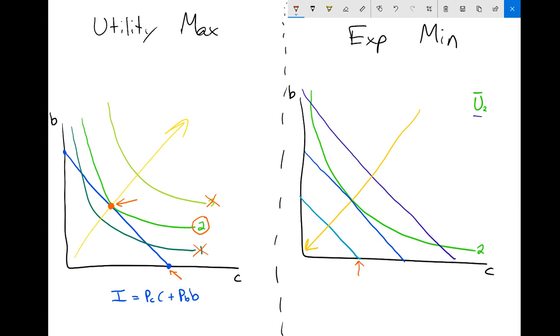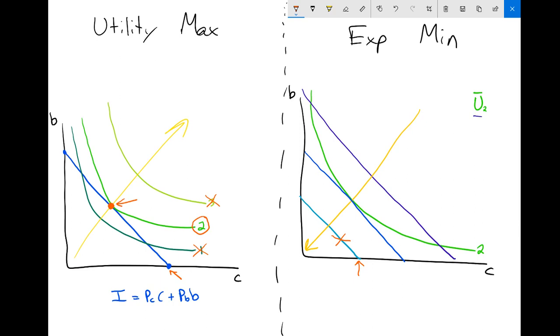Well, the answer would be no. They will not choose any bundle on this budget line because then they are not achieving the desired level of utility. They would achieve a lower level of utility if they consumed a bundle on this budget line.